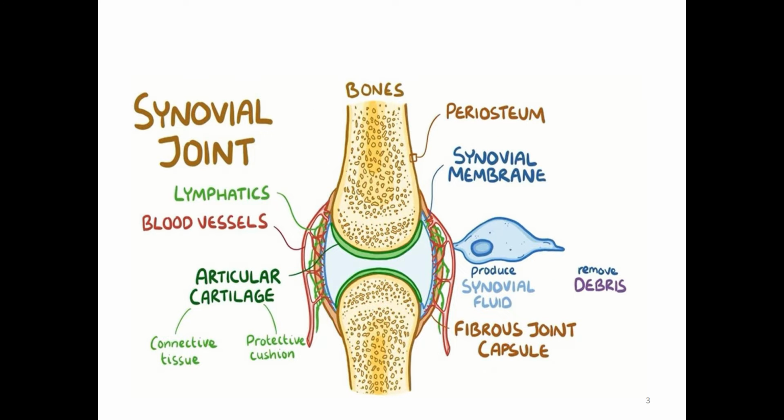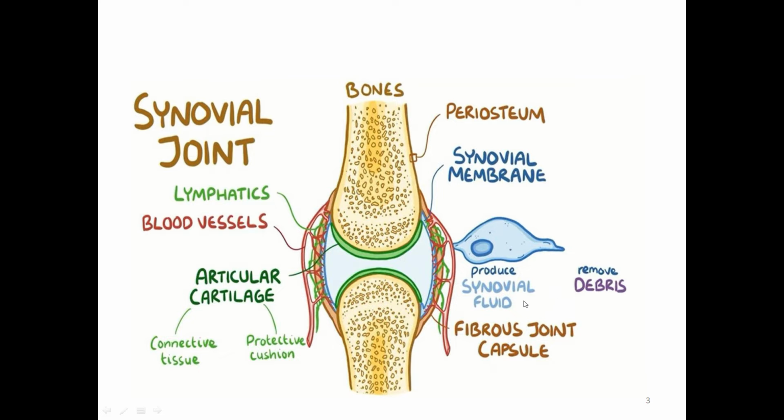So here is an example of a synovial joint, in which you can see this is the bone, this is the synovial cavity, this is the synovial membrane, these are lymphatics, these are the blood vessels, the blood cage, and this is the articular cartilage, which protects the bone, which is made up of connective tissues and works as a protective cushion for the bone.